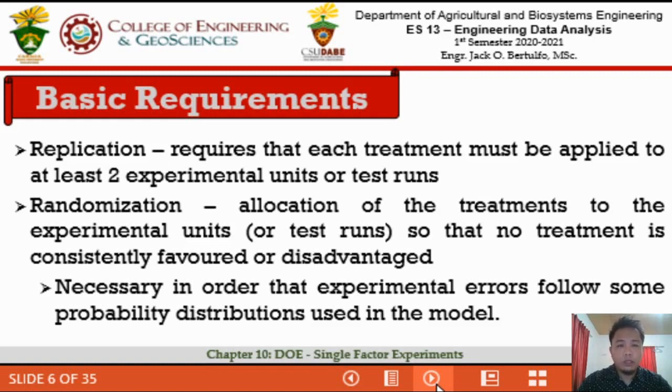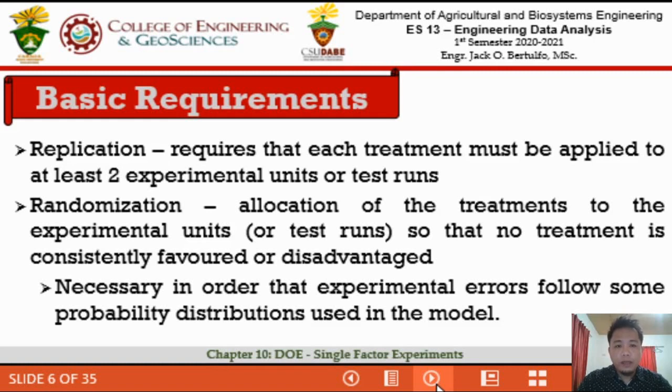There are also some experimental designs that define the efficiency of this replication. Based on what we will discuss for this chapter, in the CRD we will not calculate the replication efficiency, but in the RCBD we will calculate the efficiency of this replication.